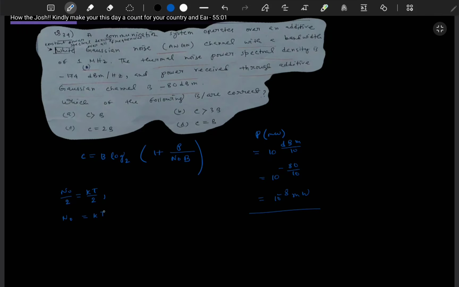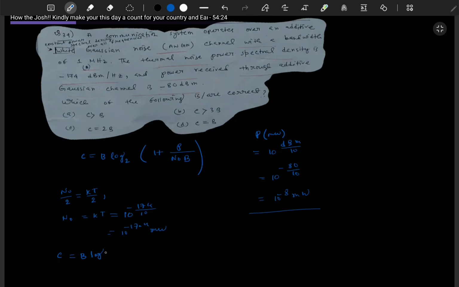Second, what they are doing. Okay, noise power spectral density, this is N naught, so it is in milliwatt. If I want to write 4 by 10 to the power minus 17.4 milliwatt.